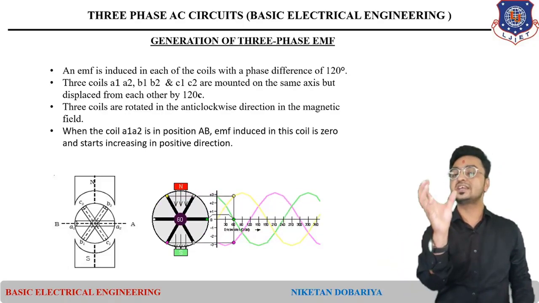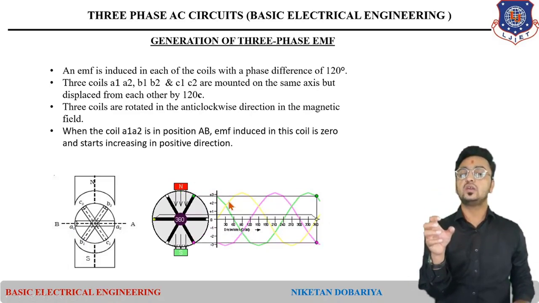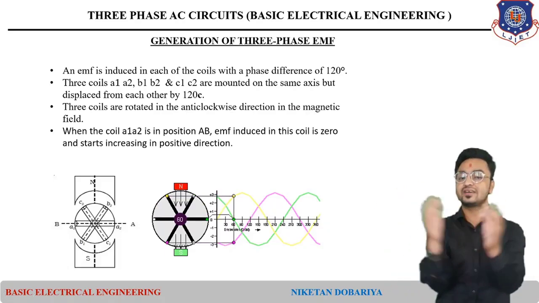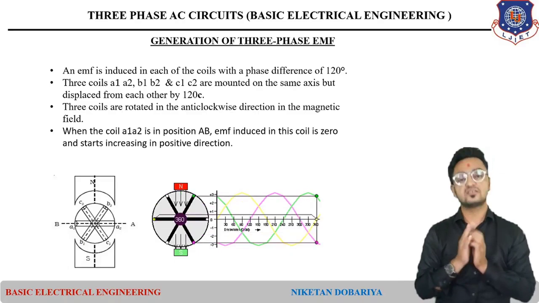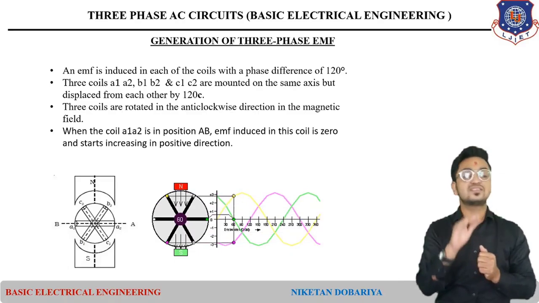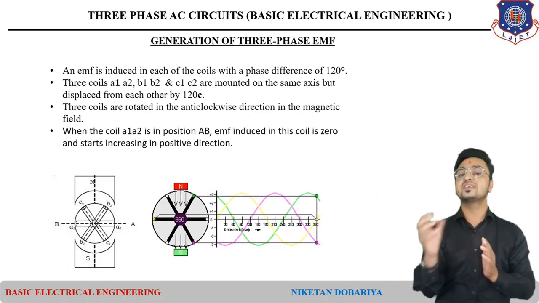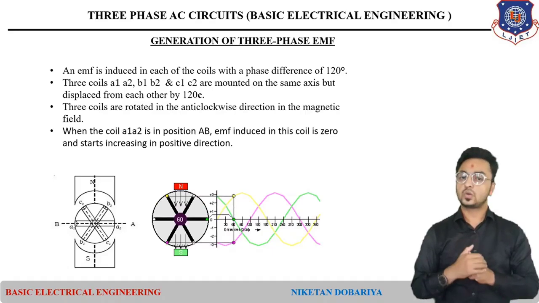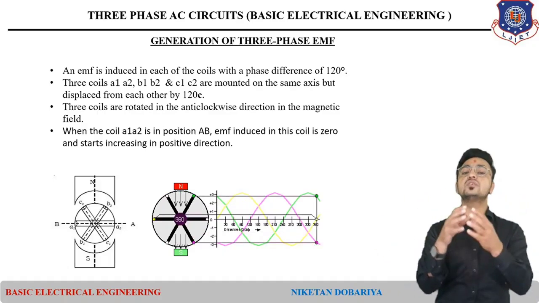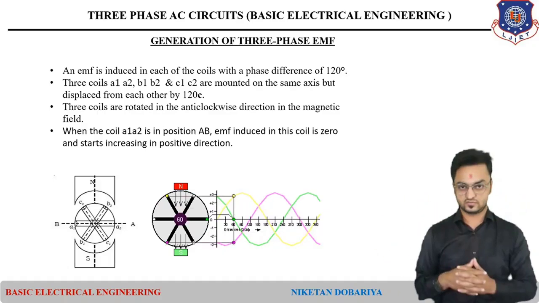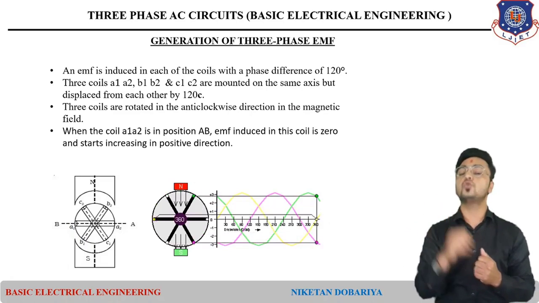So three individual circuits define three phases, and when we combine those three circuits into one circuit, that makes the three-phase system. So a three-phase system is nothing but a combination of three individual single-phase systems. We will discuss later how to connect these three individual circuits, but before that, let's understand how to generate three voltages.